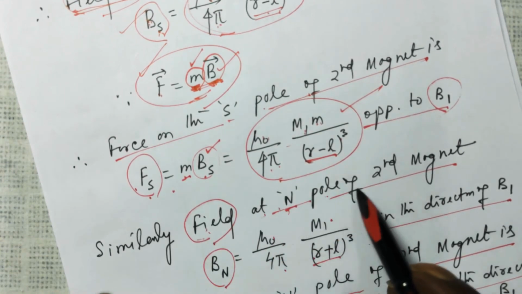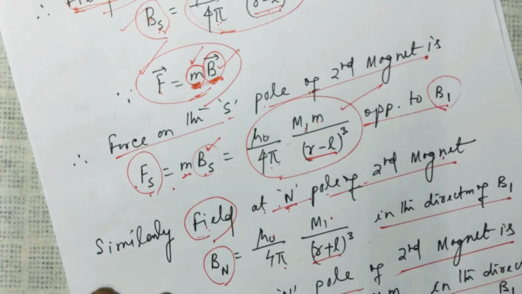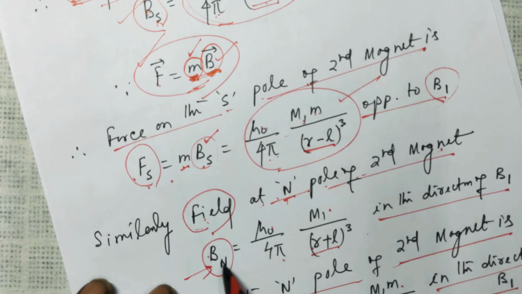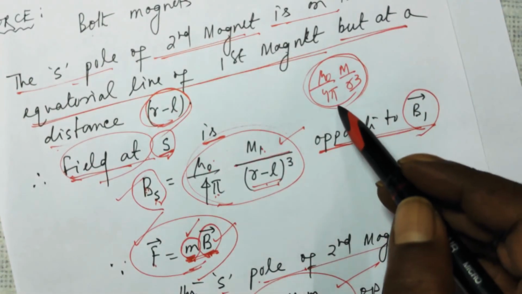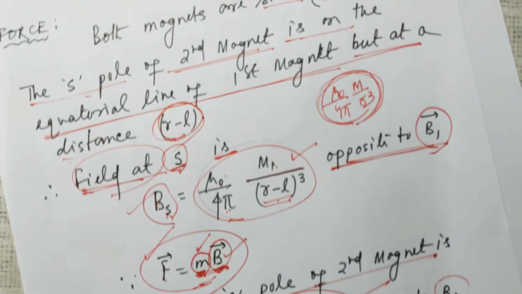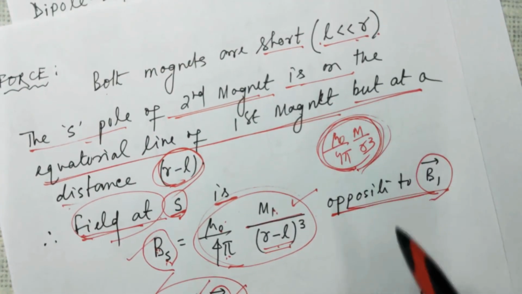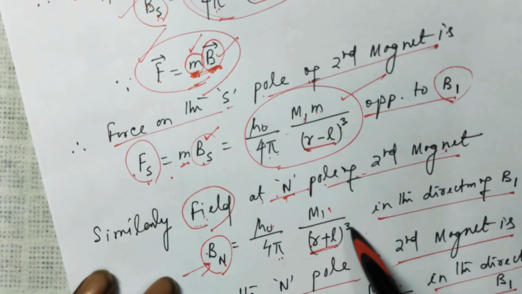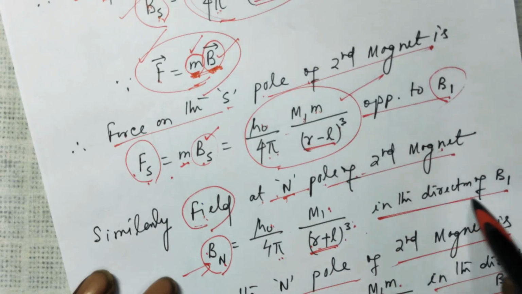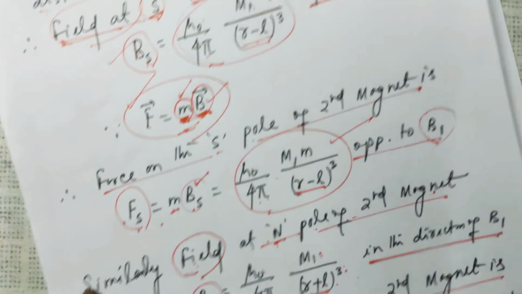So the field at the North Pole of the second magnet will be Bn, using the same formula which I derived earlier. Mu naught over 4 pi, M1 over distance cube, that is (R plus L) cube, in the direction of B1, right?